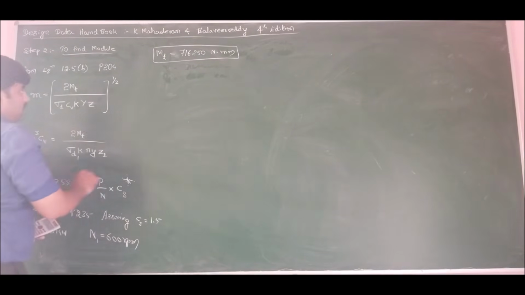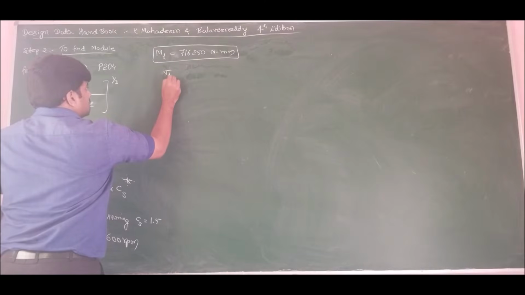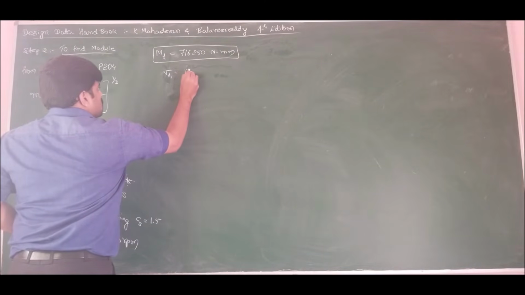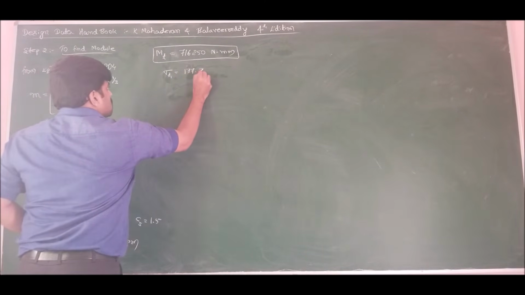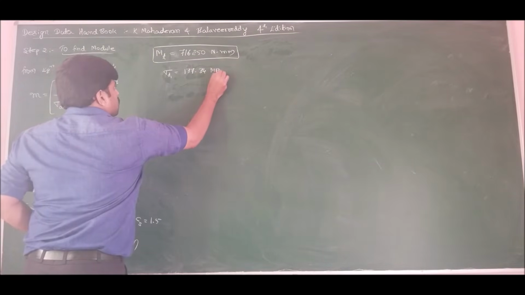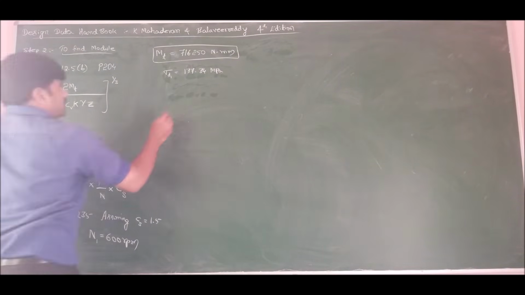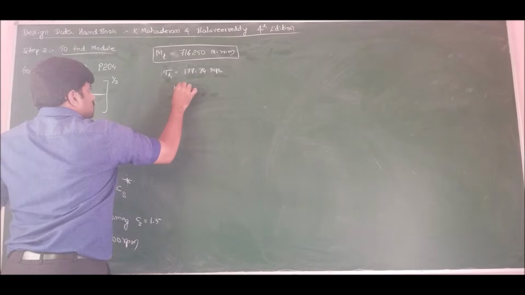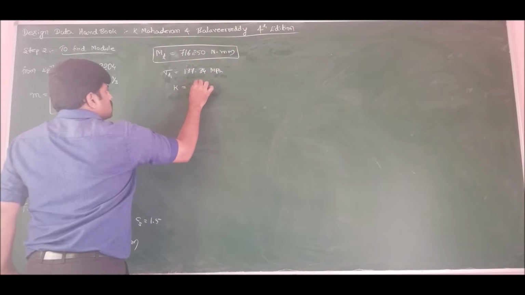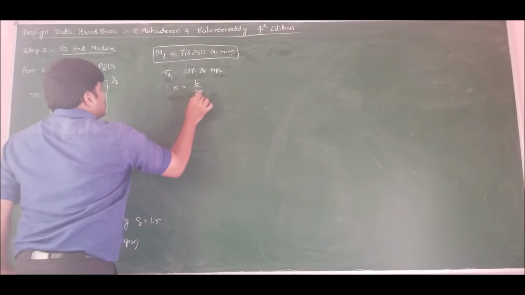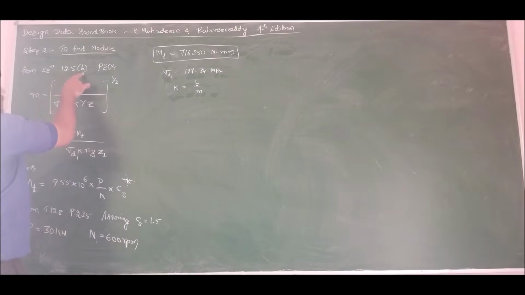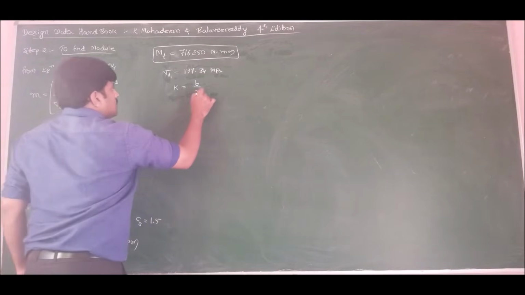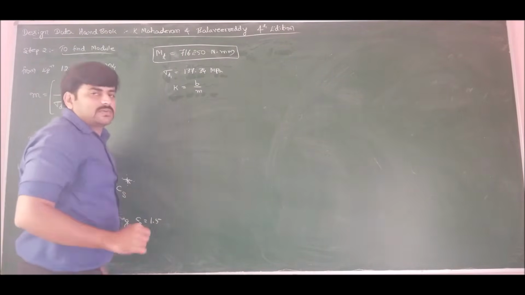Next is sigma D1. Sigma D1 is given in the question, 137.34 megapascals. Coming to the value of K, K is equal to B by M, given in equation 12.5b, page number 204, where B is face width.